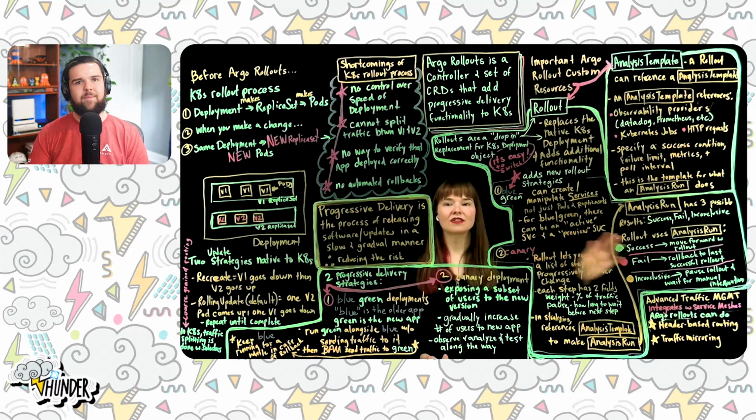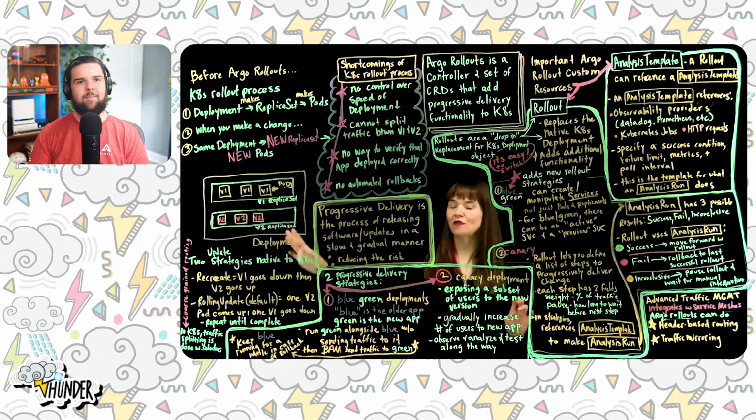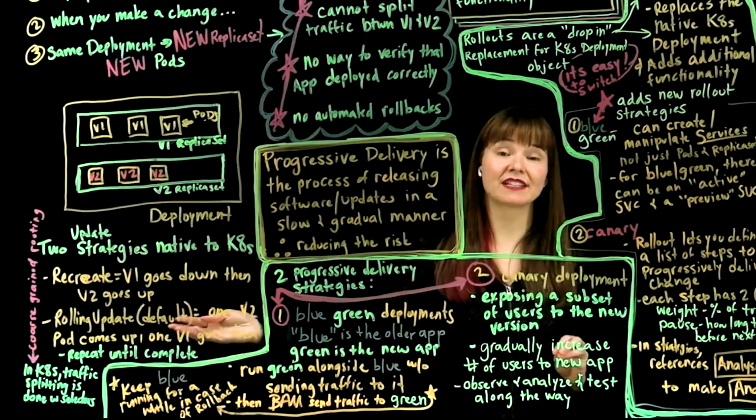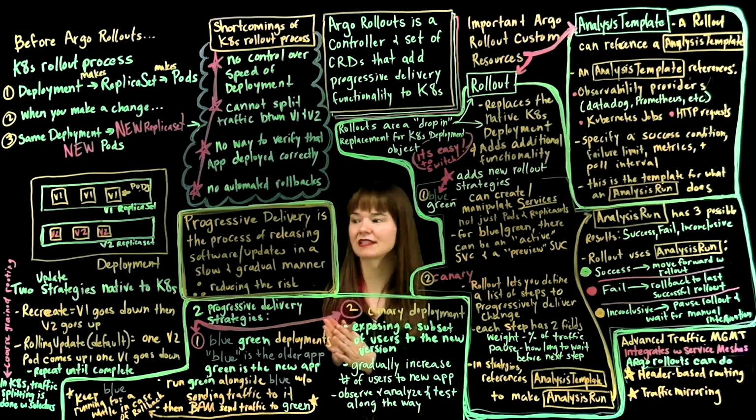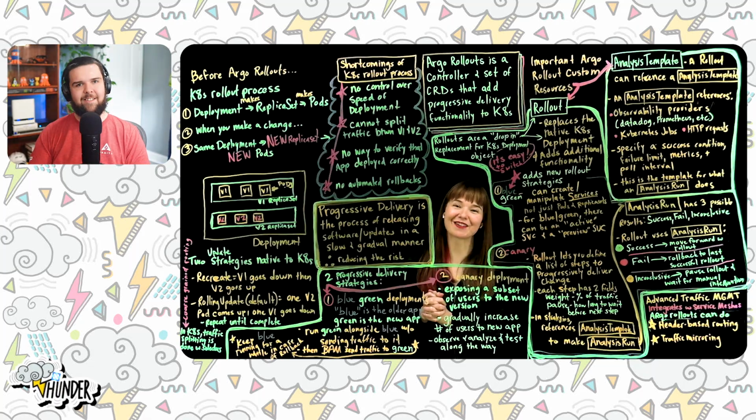And instead, you're running analysis on how your green version is behaving as you're mirroring the traffic to it. So this solves the problem we talked about before about the Kubernetes services being pretty coarse-grained in terms of how much traffic you can send to any one of them and how you send that traffic.